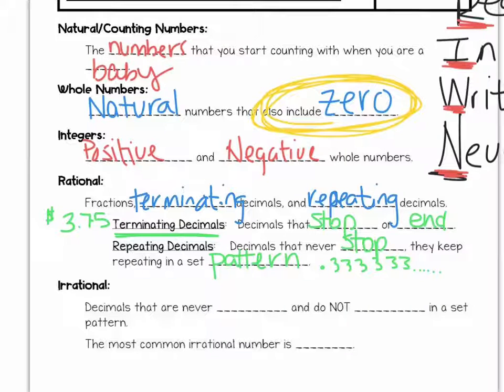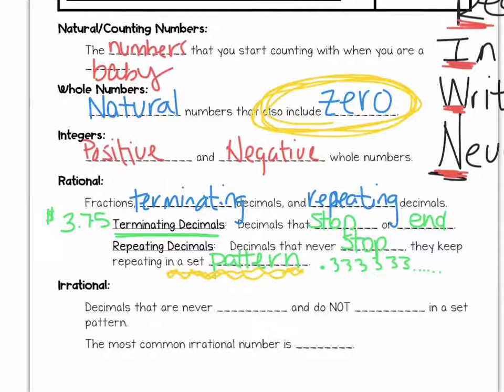But notice right here where it says repeating in a set pattern. That changes things, okay? So it's not just one number over and over and over again. It can also be things with a set pattern, okay?